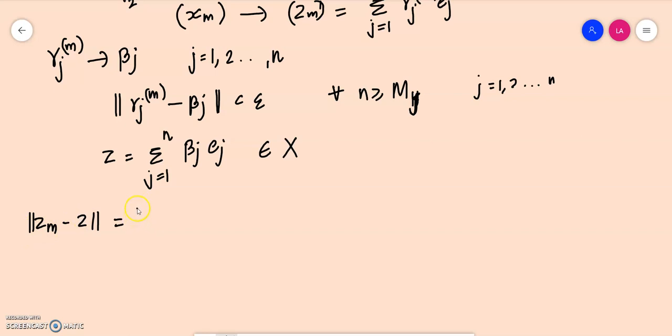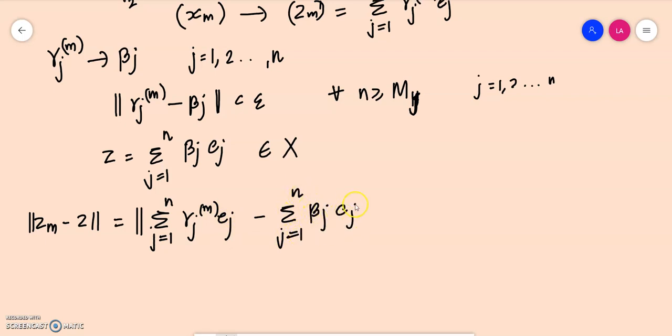By definition, the norm of z_m minus z is the norm of summation j = 1 to n of eta_jm (or gamma_jm) e_j minus summation j = 1 to n of beta_j e_j, which is equal to the norm of summation j = 1 to n of (eta_jm or gamma_jm minus beta_j) times e_j.